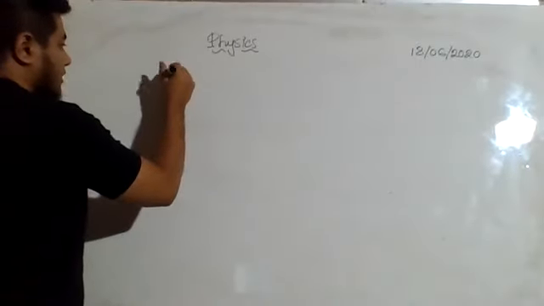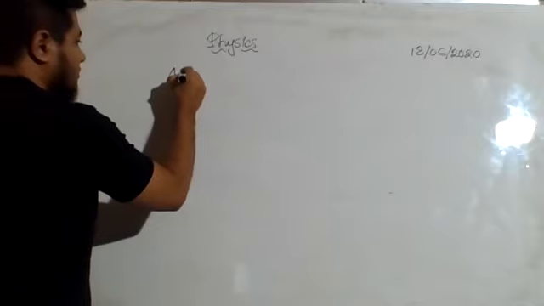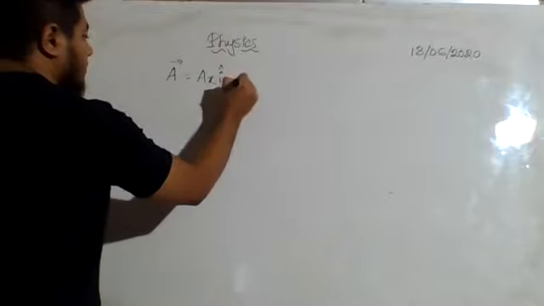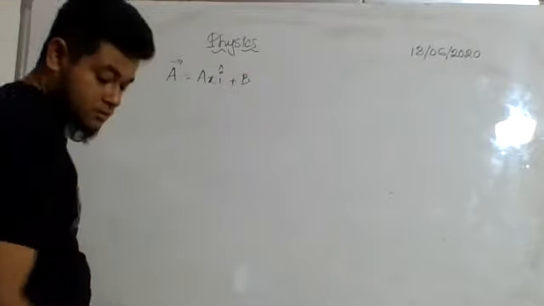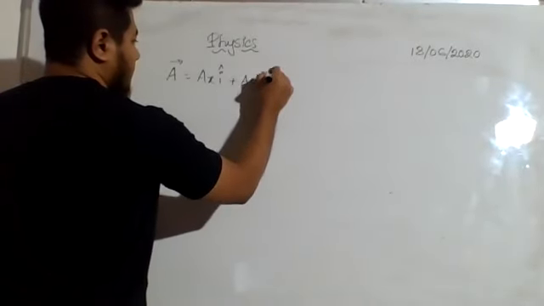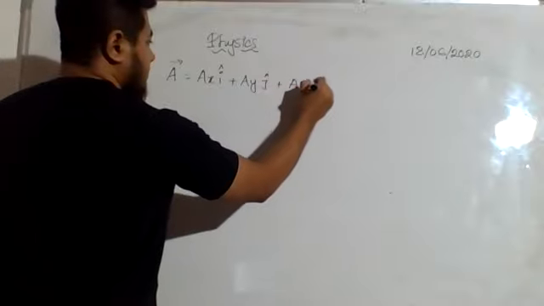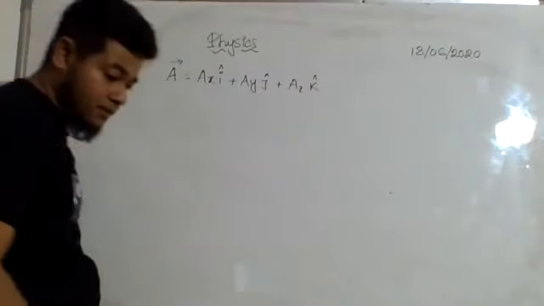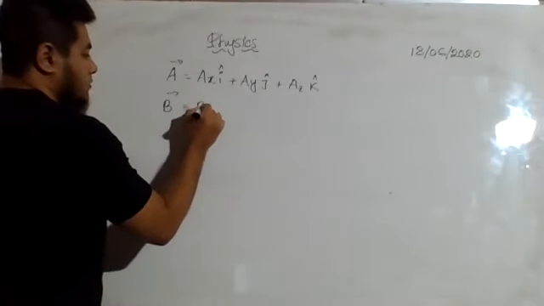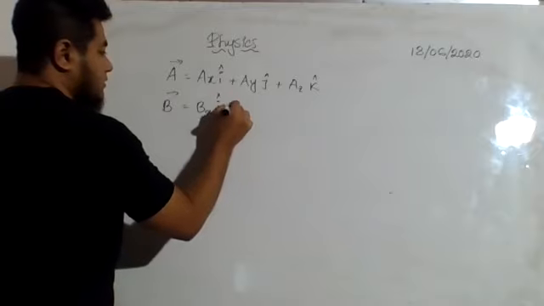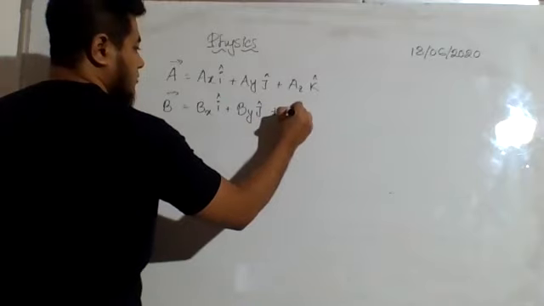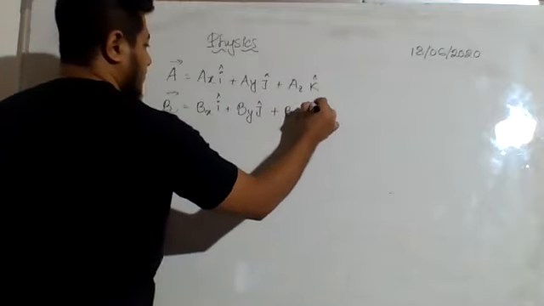So if I have a vector A is equal to ax i plus ay j plus az k. Okay. Then we have another vector B, which is bx i plus by j plus bz k.